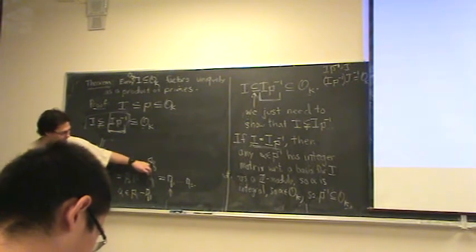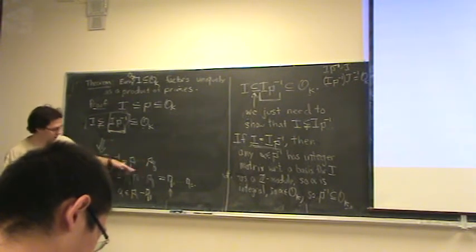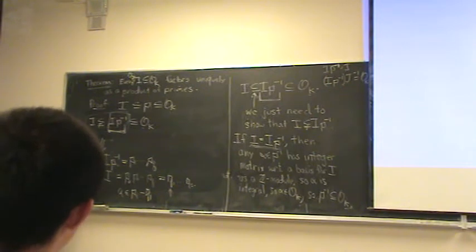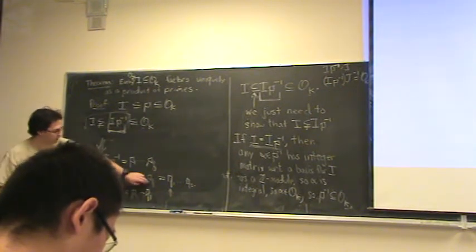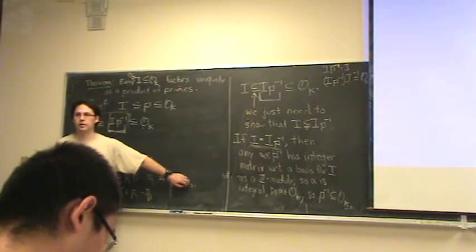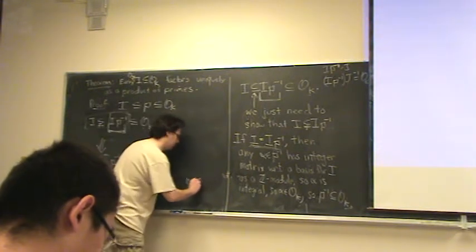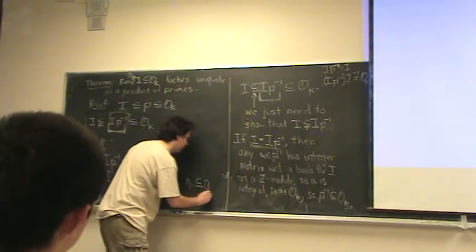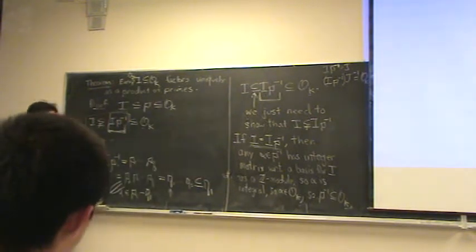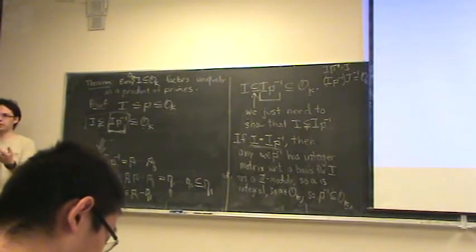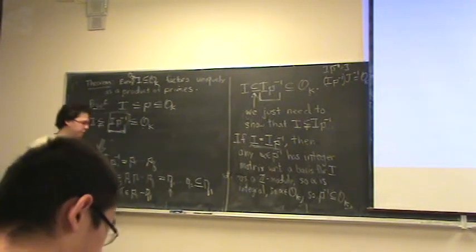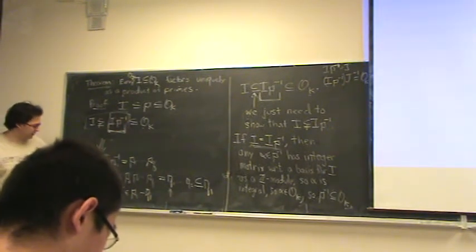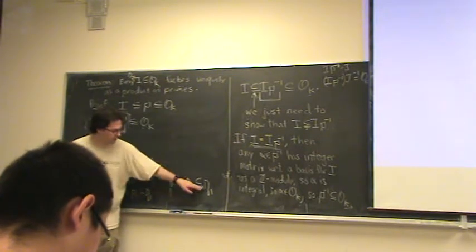It's in the product of these ideals, hence it's in the left-hand side. Hence it's in the right-hand side. But the product is contained in Q1, because if you take something in Q1 and multiply it by a bunch of other things, it's still going to be in Q1.